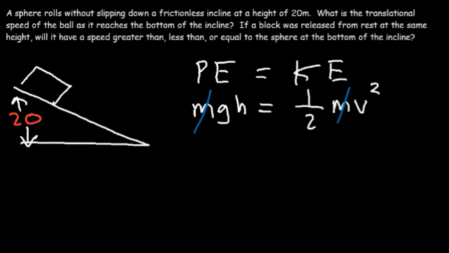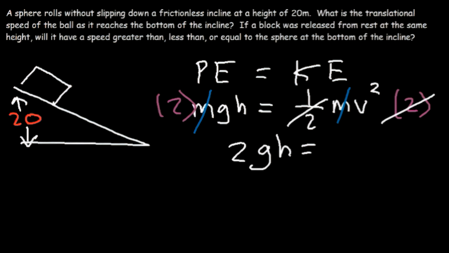So let's divide both sides by m. And let's multiply both sides by 2 to get rid of the fraction. 1/2 times 2 is simply 1. So 2gh is equal to v squared.